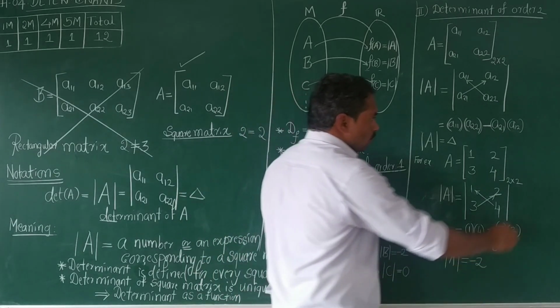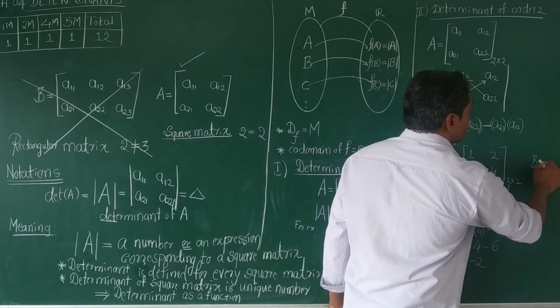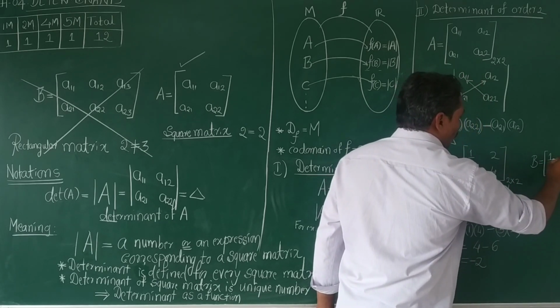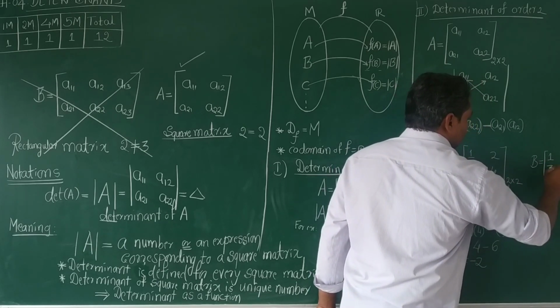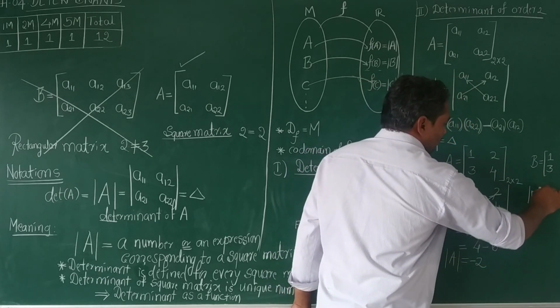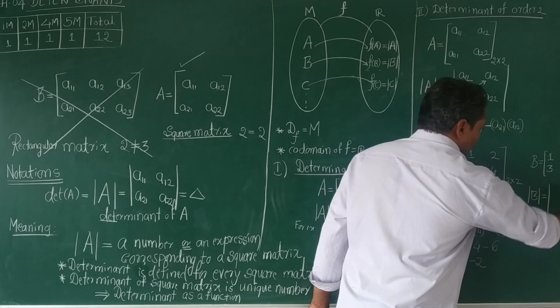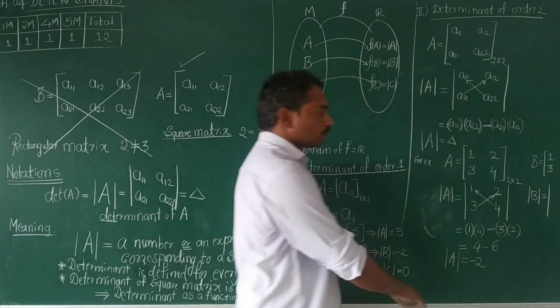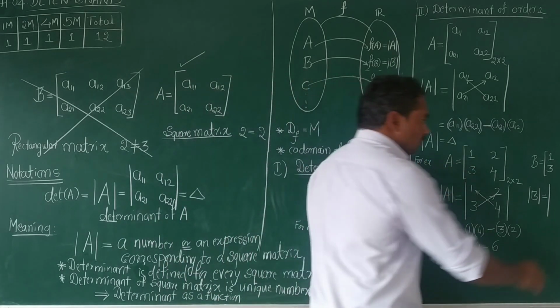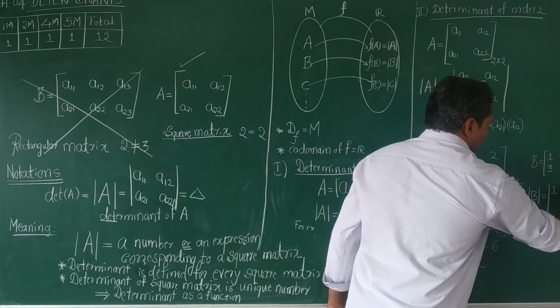Similarly, you can take one more example. Suppose B is a square matrix. The elements are 1, minus 2, 3 and 4. Then the determinant of this square matrix of order 2 is represented by B within the vertical bar, with that arrangement within the vertical bar.